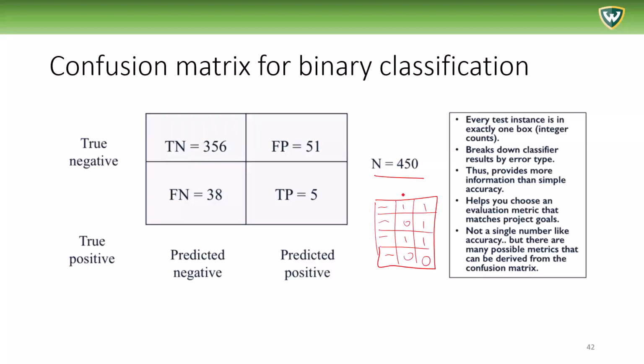Okay, so let's say these are the true results and these are the predicted results. Now let's say person 1 had COVID, person 2 did not have COVID, person 3 had COVID, and person 4 did not have COVID. And so those are the true values.